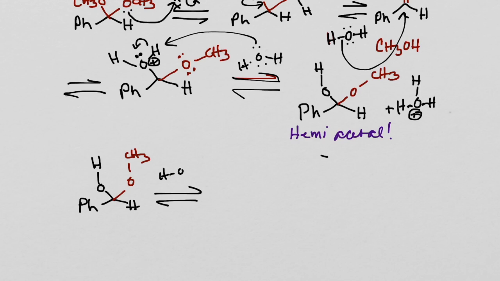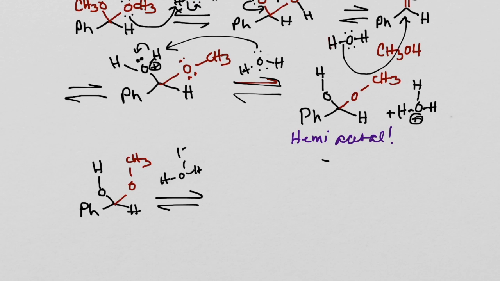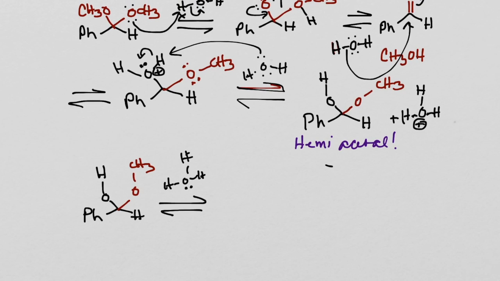Okay, so now we're going to do another proton transfer, and that proton transfer is going to be aimed towards turning our methoxy group into a good leaving group that we can get rid of.